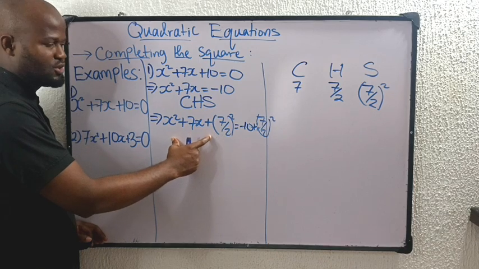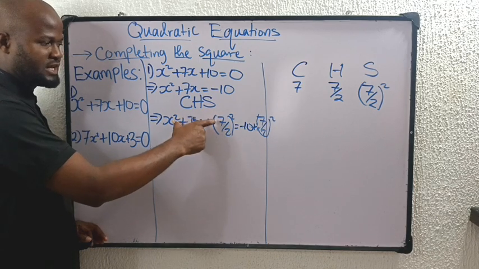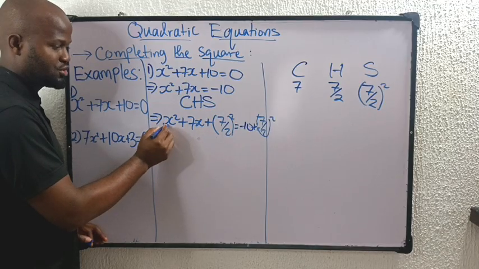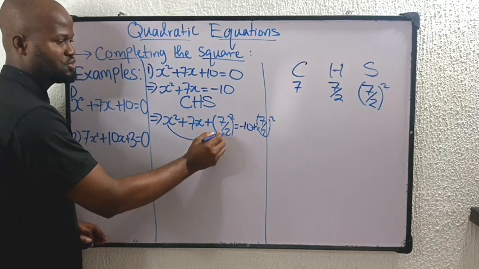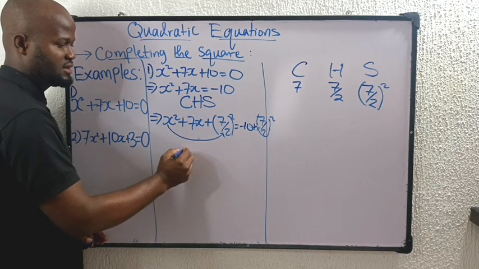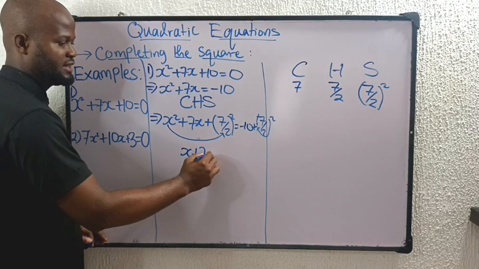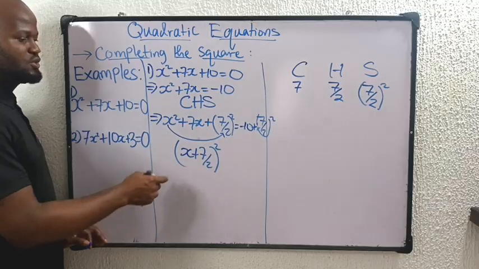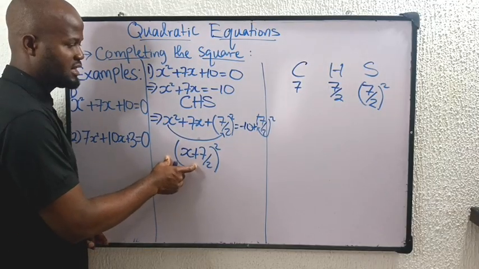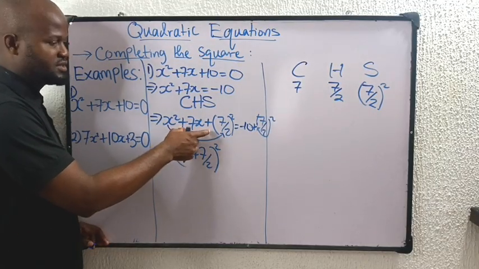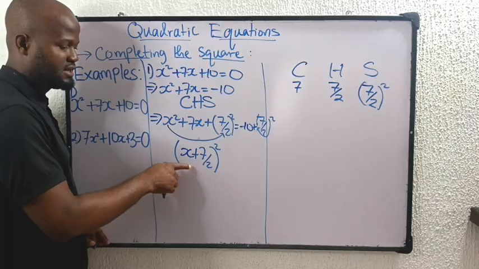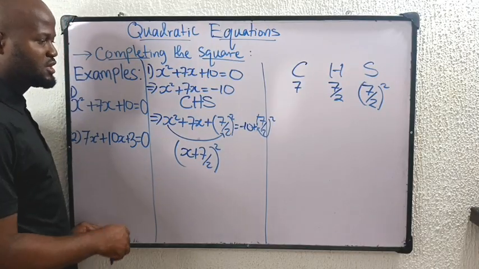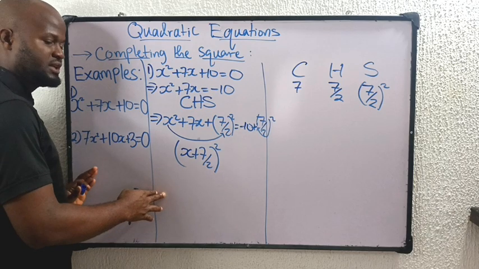So all I need to do to factorize this expression on the left-hand side is just join up x with what you have as a constant, and then put it in a bracket and square it. This is a very simple way to factorize it without following a long process. So that's what I'm going to do on the left-hand side.